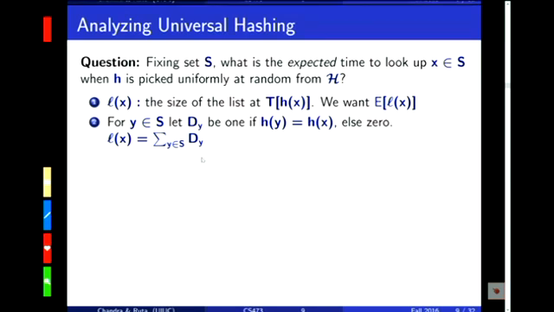And for any other element y, we define dy to be the indicator random variable, which is 1 when h of y equals h of x. So y and x map to the same position. Then clearly L of x is just the summation of dy, right? You're counting 1 for every element that maps to the same position, right?